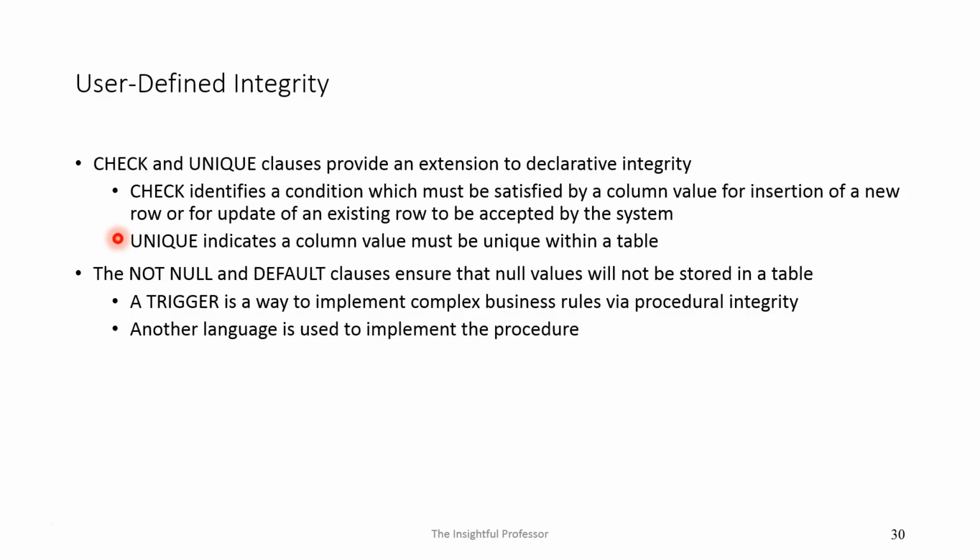So maybe in the case of employee, we have two candidates that are running for the office. We have the badge number and we have the social security number. A candidate for a primary key must satisfy all of the requirements of the primary key, which means must be unique and not null. So clearly the badge number satisfies that. Clearly the social security number satisfies that.